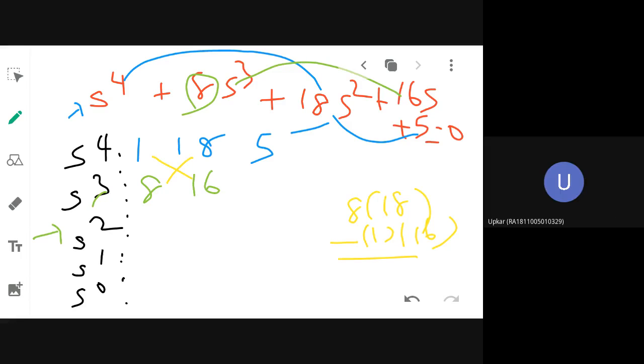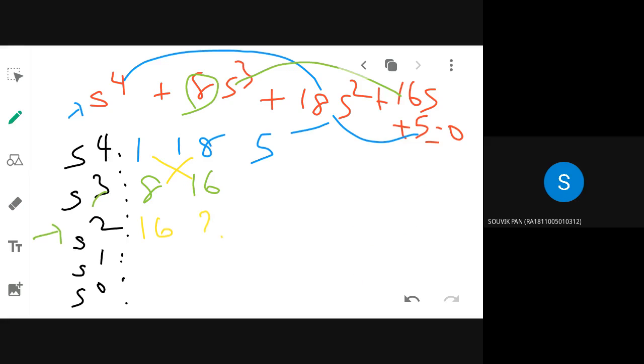I am hoping all are having a calculator or use your mobile phone and tell me the answer. It is 16. I am hoping all are understanding. Say yes or no, all of you. Yes, ma'am. 16. Okay.